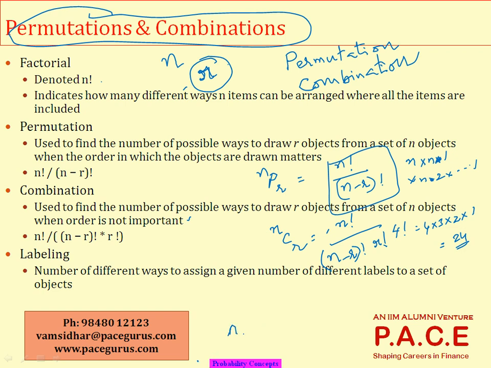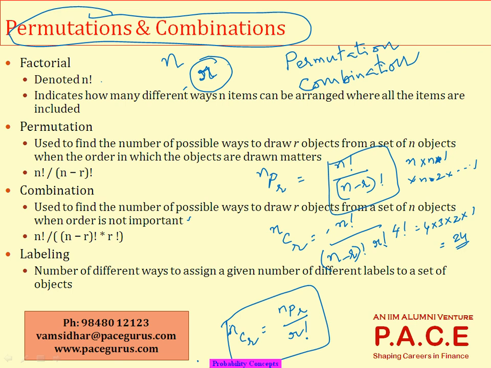So as a mathematical relationship, it can also be written as nCr equals nPr by r factorial. This is a very important mathematical relationship, but the key thing we have to be comfortable with is when to use a permutation and when to use a combination.